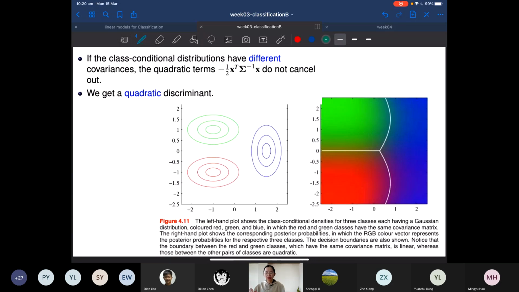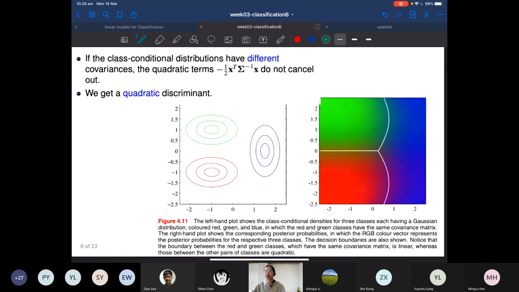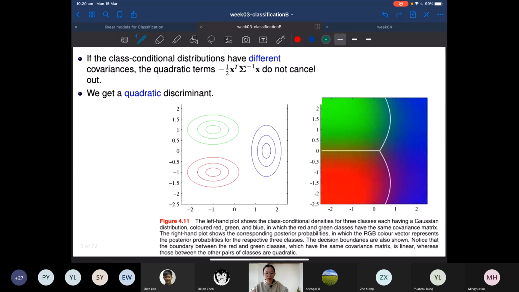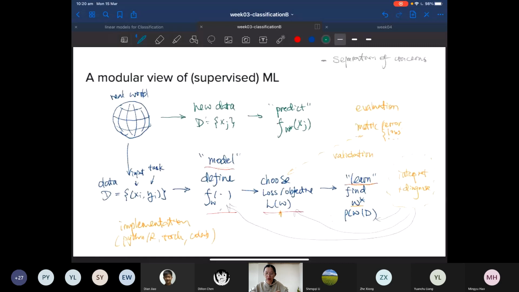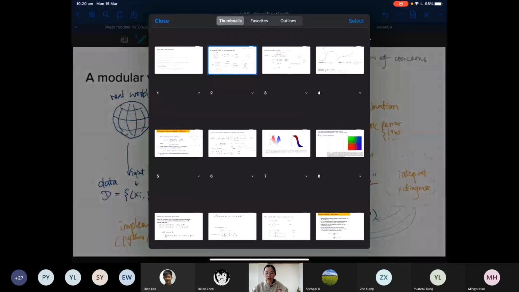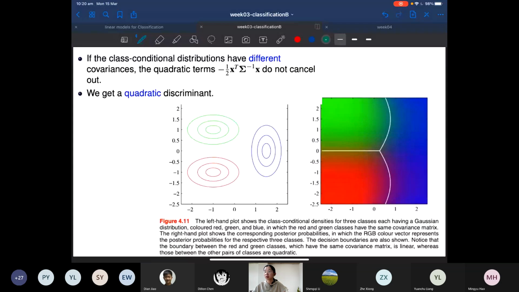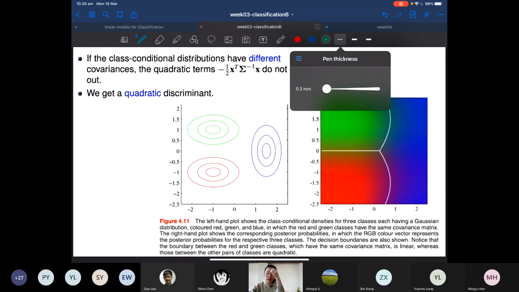What we said two slides ago, that the classes share a covariance, is part of the model specification or assumption. The model must have separate means and a shared covariance. Now what if we modify the model assumption and allow sigma to be different for different classes?